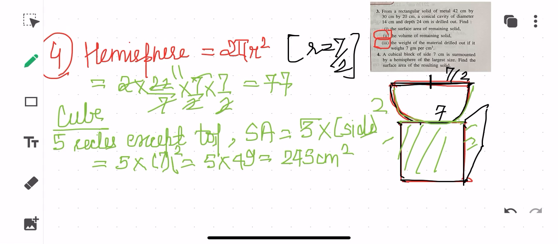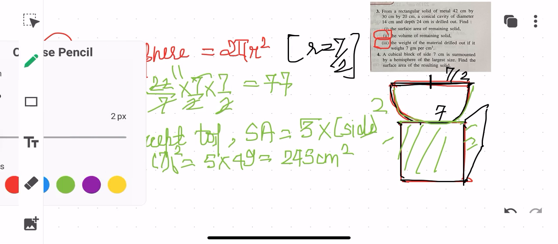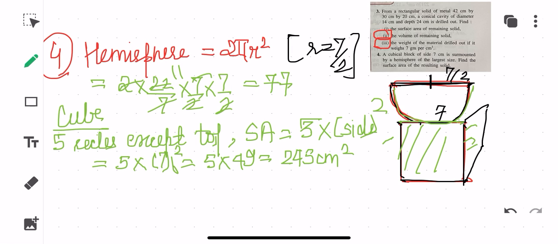So you have calculated this for the other sides. Now you have to calculate for the top. What will you be writing for the top of the cube?